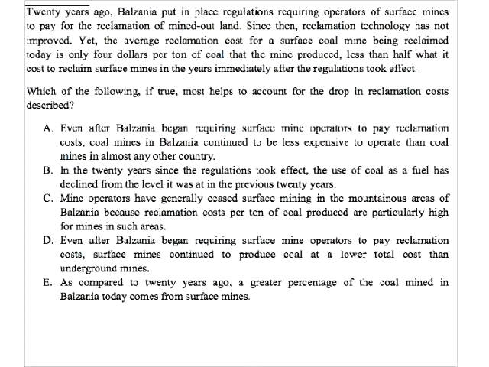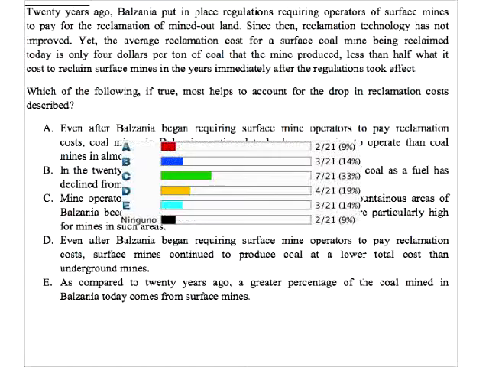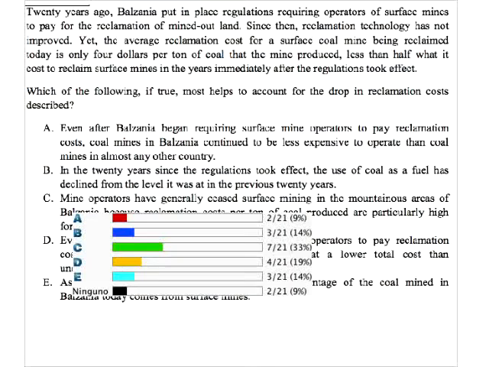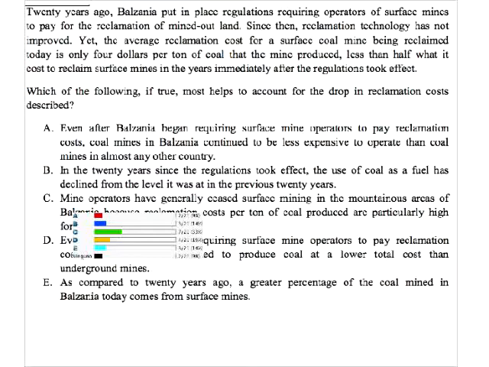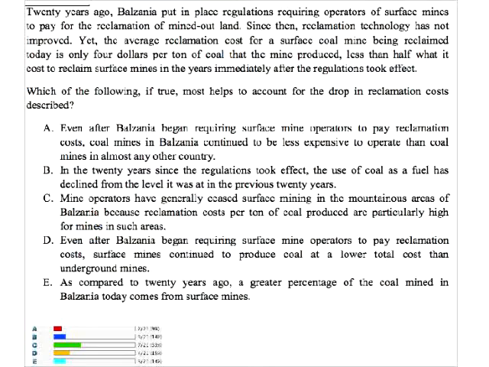Okay, everybody has an answer. So we're kind of all over the place here, but let's look. There's a peak at C, which happens to be the correct answer, although that's still only 1/3 of the people here. So let's take a look.